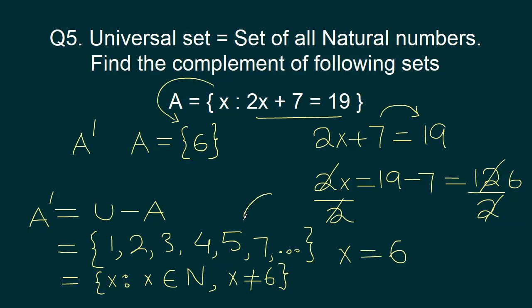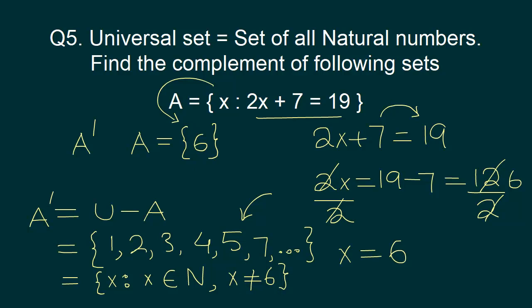Because if we write it like this, it is a little bit unclear. Clearly we have written numbers 1, 2, 3, 4, 5. We skipped 6 and then 7, 8, 9, 10 all the way to plus infinity. But if we write it this way, it will be a little bit more clear. So again, A complement, the set contains element X, where X belongs to natural numbers and X is not equal to the number 6.